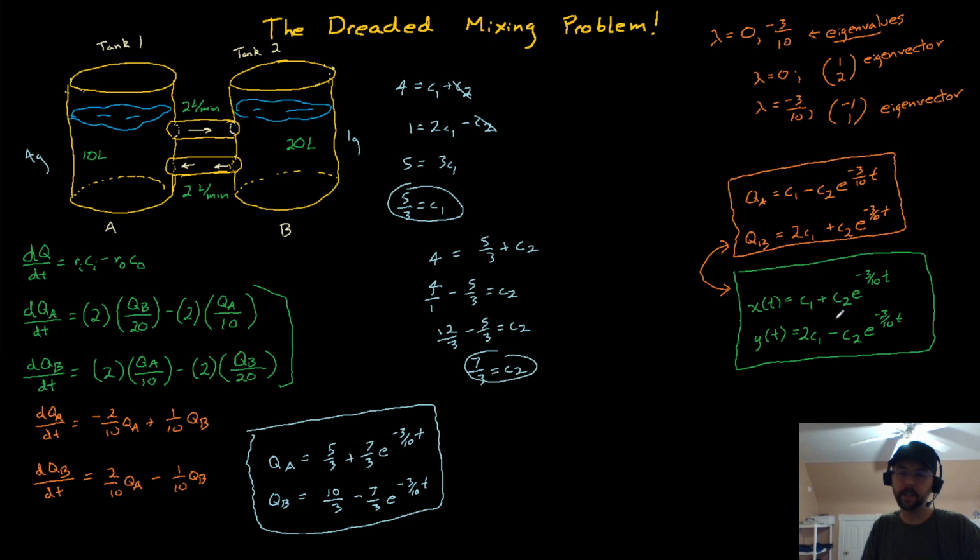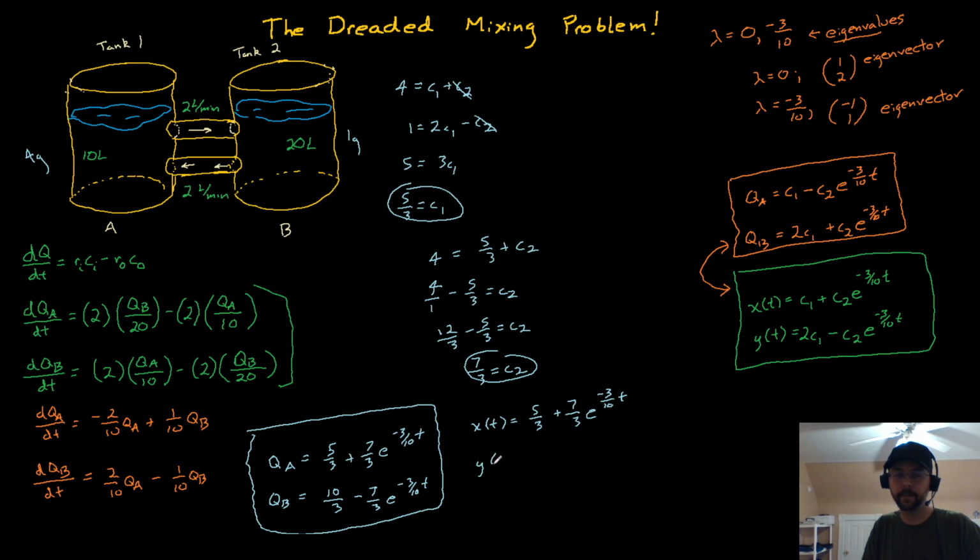Now, when we rewrite these in for this set here, we have x of t equals C1, which is 5 over 3, plus, and there is a plus because this was positive this time, so this is 7 over 3 e to the negative 3 over 10t.